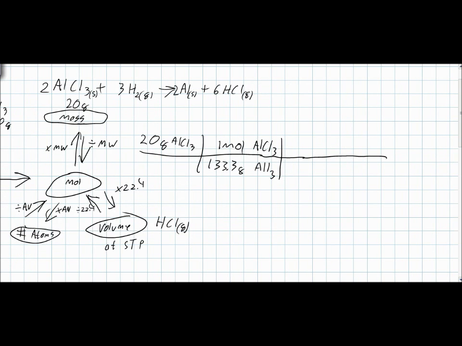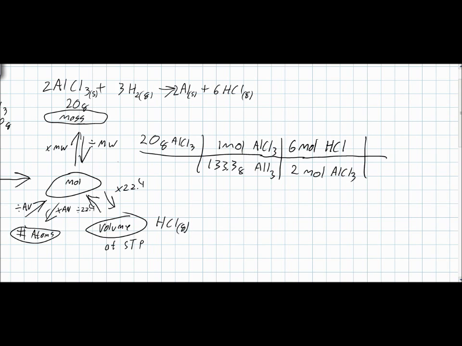We want to get rid of the moles of aluminum chloride, so we're going to divide by it. Since the prefix is 2, we have 2 moles of aluminum chloride. And since we have 6 moles of hydrogen chloride, we're going to multiply by that, HCl.